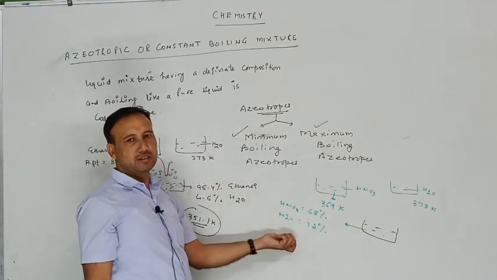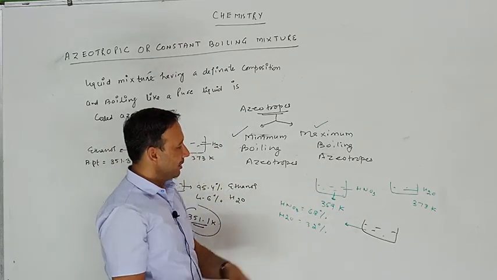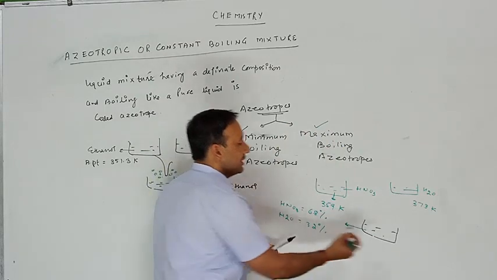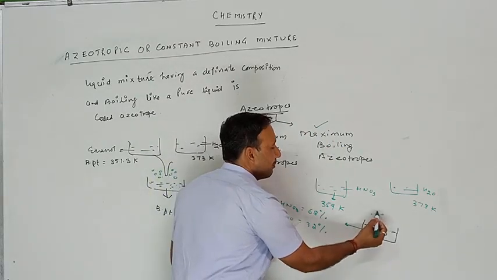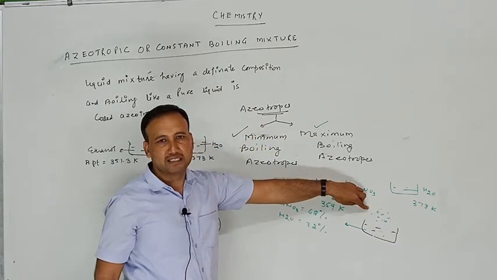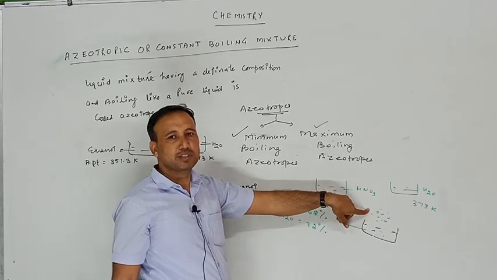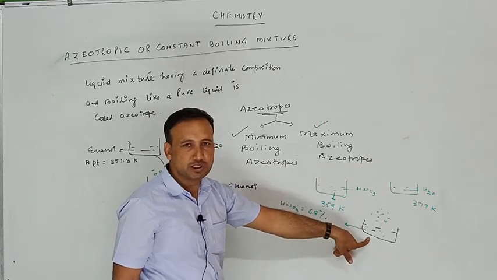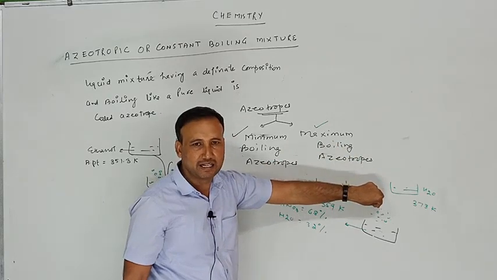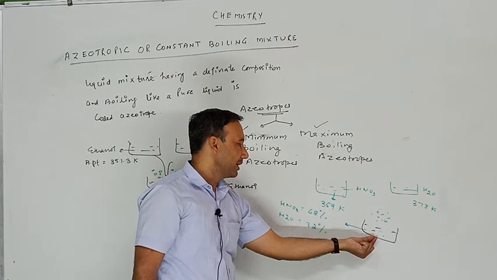at this composition, the liquid mixture of nitric acid and water will boil like a pure liquid. It means the liquid after boiling will form vapors of nitric acid and water. These vapors have the same composition as the liquid mixture. It means the mole fraction of nitric acid and water in the vapor state is the same as the mole fraction in the liquid mixture.